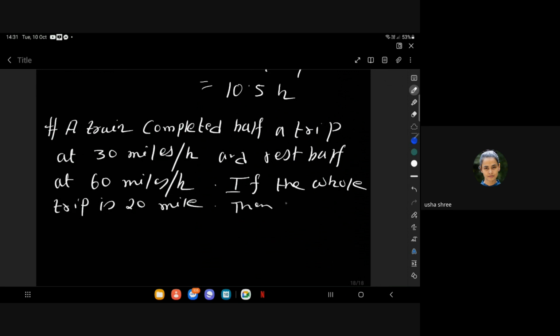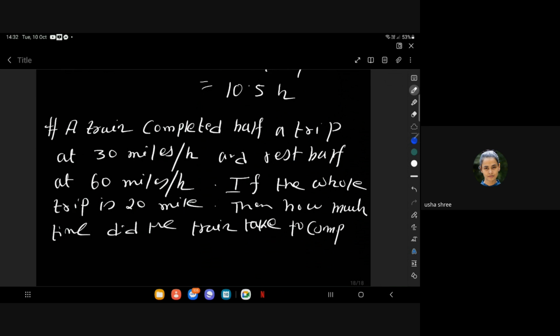Then how long did the train take to complete the trip?